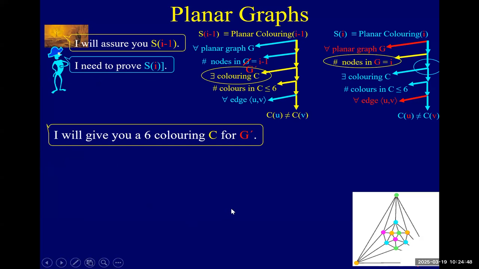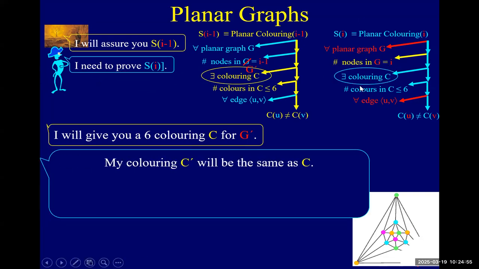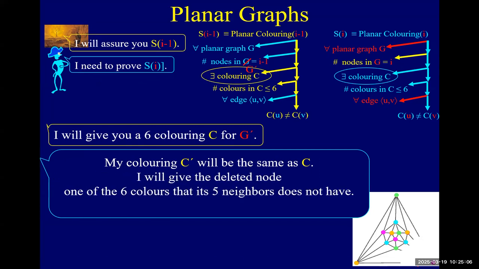And what do I have to do? I have to come up with the coloring of the full graph. So what do I have to do for that? Exactly. I put the node back and give it a color. What color does it get? One of the 6.